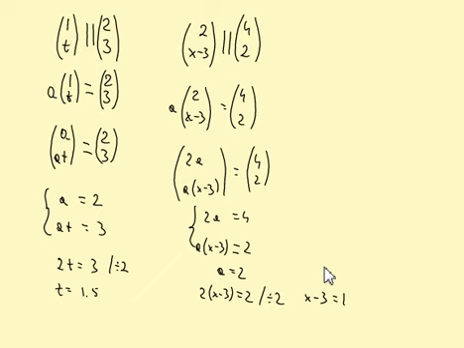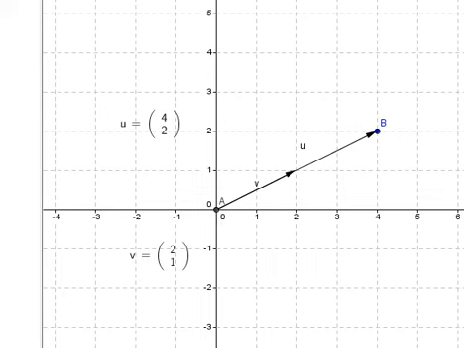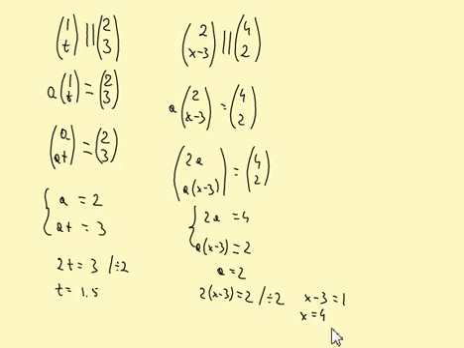And now the answer to our problem is x equals 4. So if x equals 4, the two vectors are parallel. And if x equals 4, then the second coordinate equals 1, but this is not the question. This is the answer: for x equals 4, the two vectors are parallel.